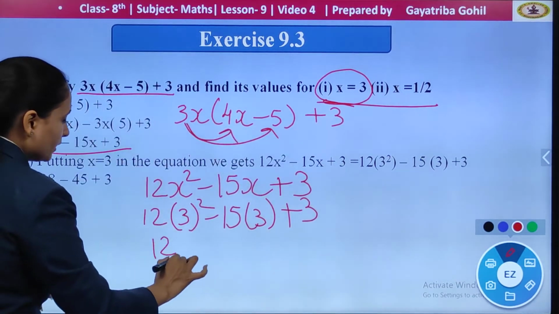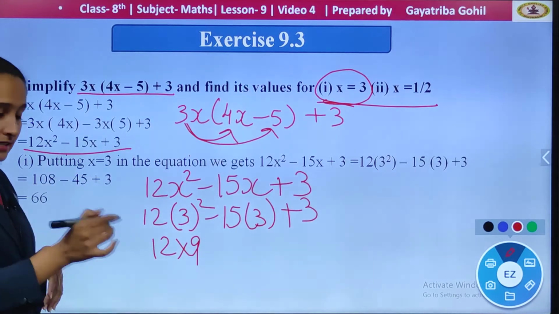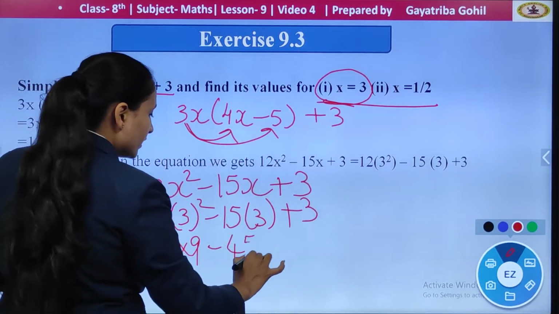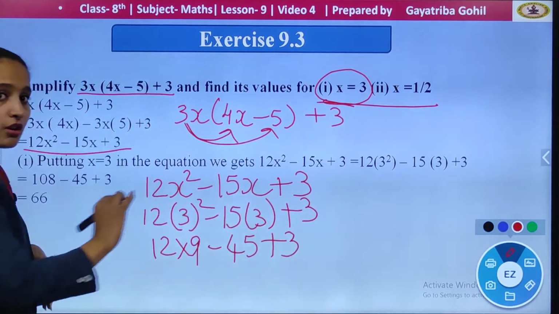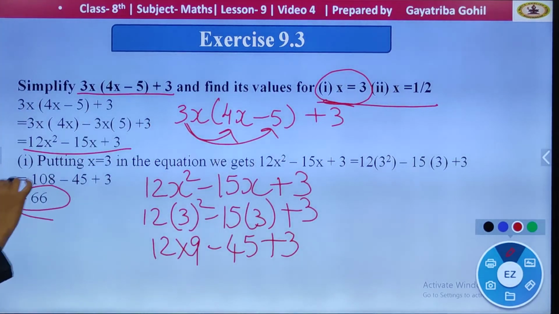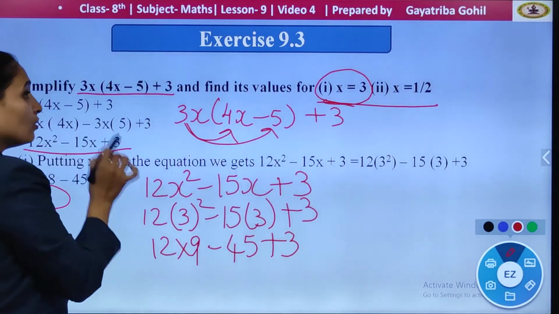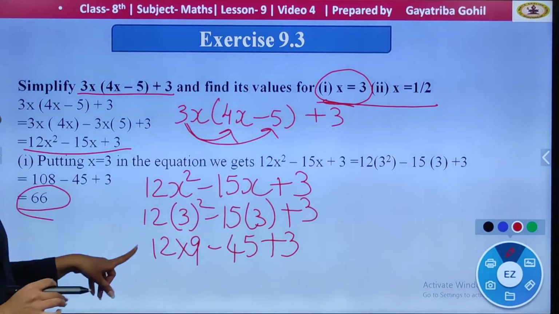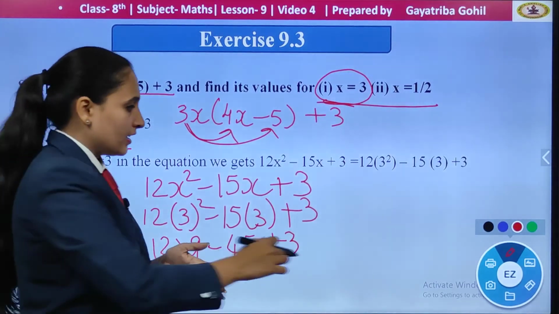So, 12 into 9, 3 square is 9, minus what is 15 into 3? It is 45, plus 3, and when you solve this you will get 66. Similarly, over here you have to insert 1 by 2 in this expression and find out what will be the value, right?